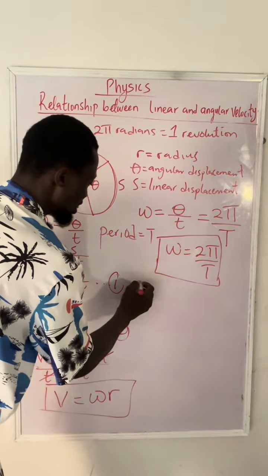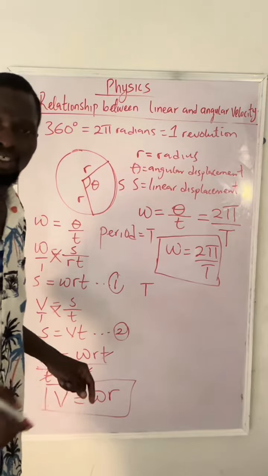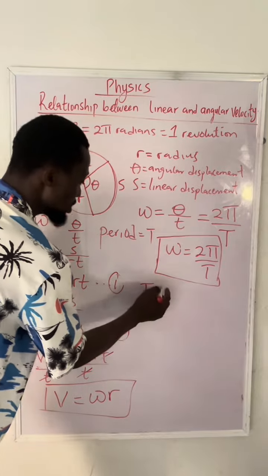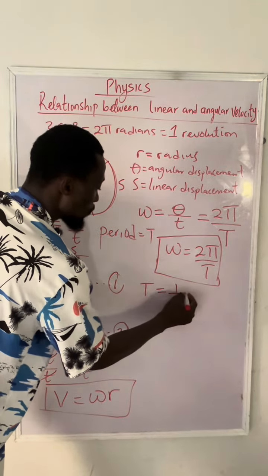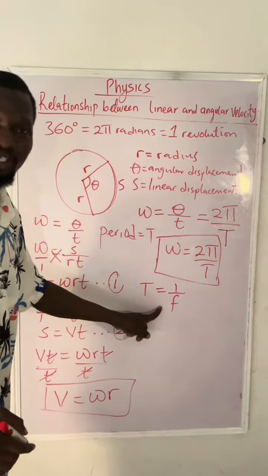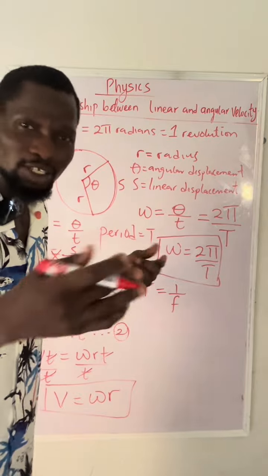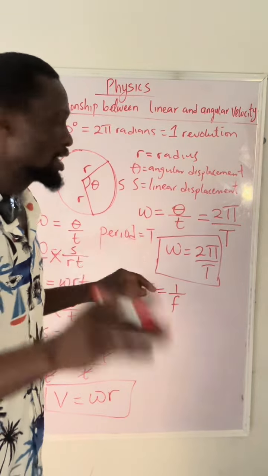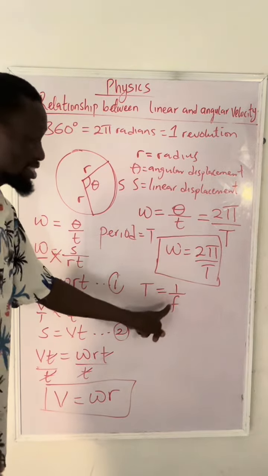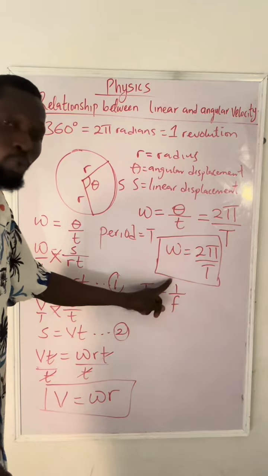You see, this period is related to what we call frequency. Period is equal to 1 over frequency, or you can say frequency is equal to 1 over period. So if anytime I see period, I'll put 1 over frequency.